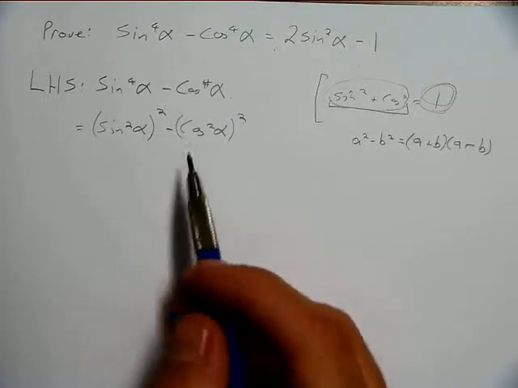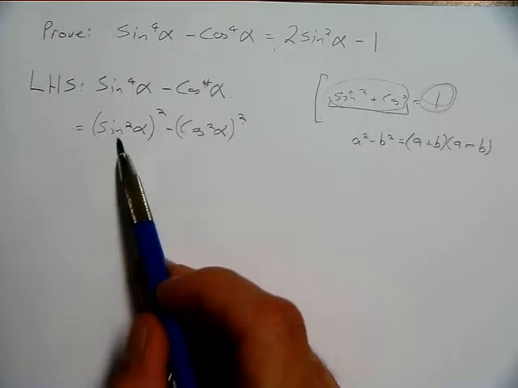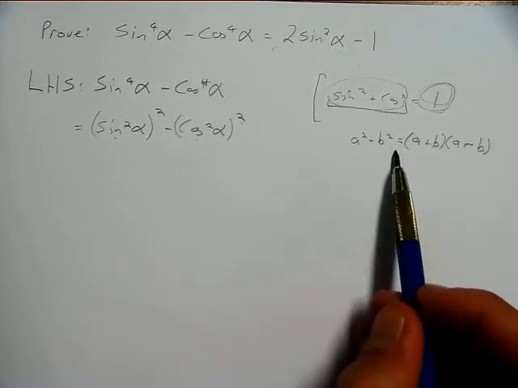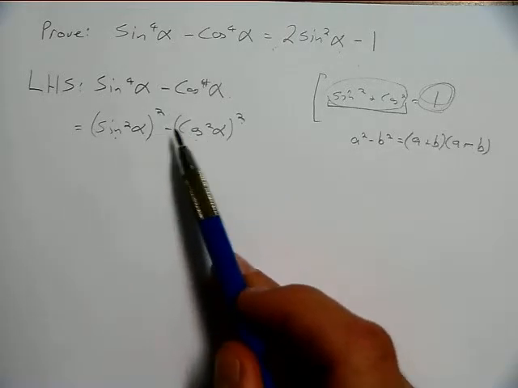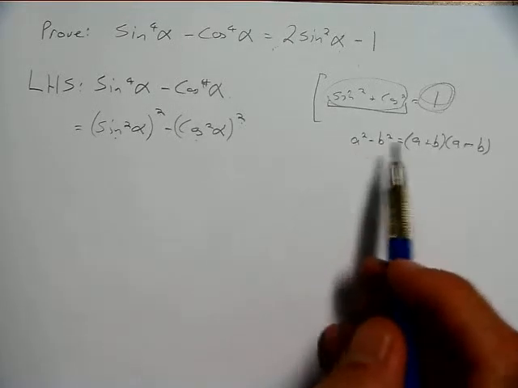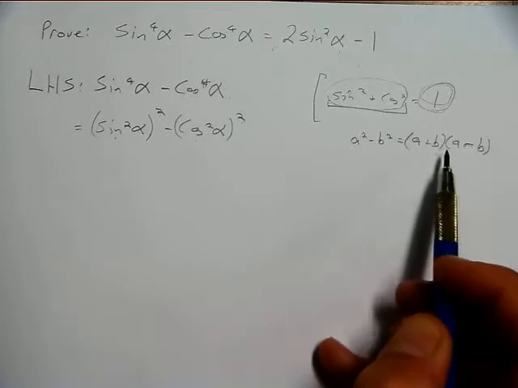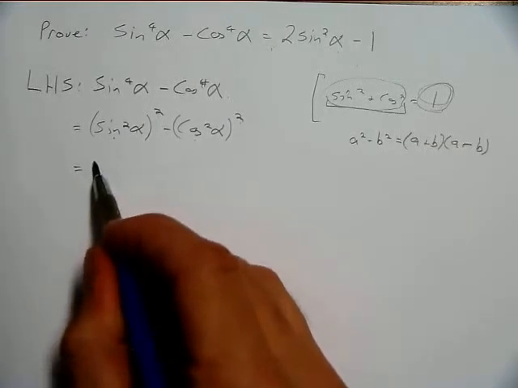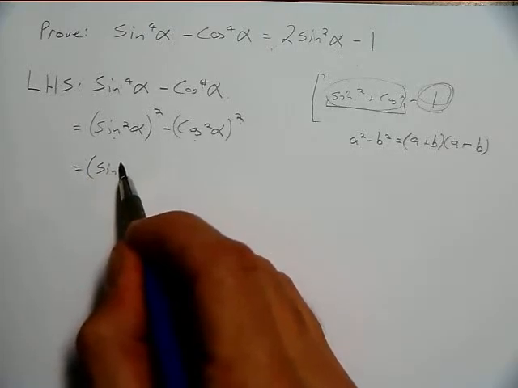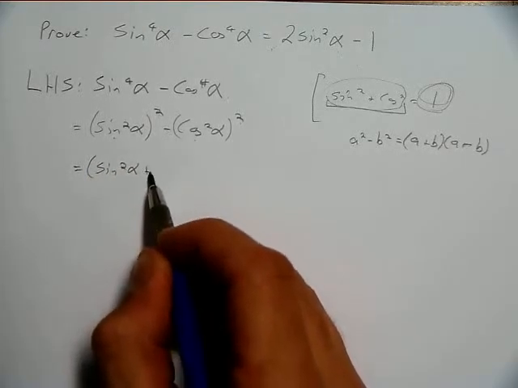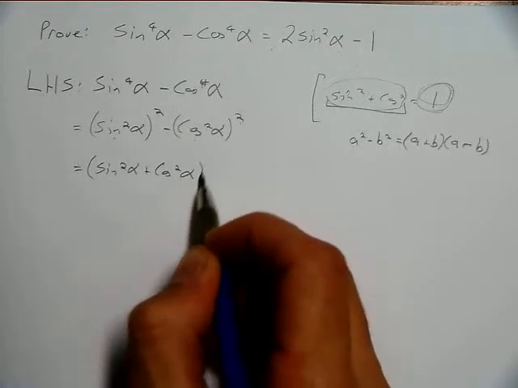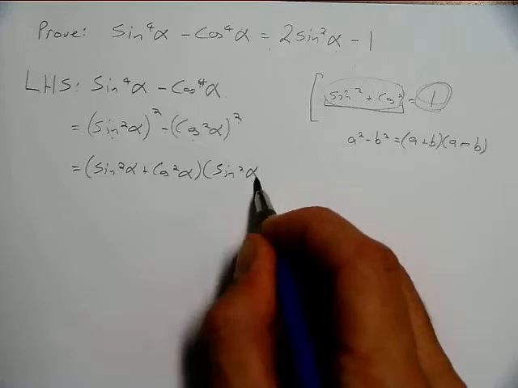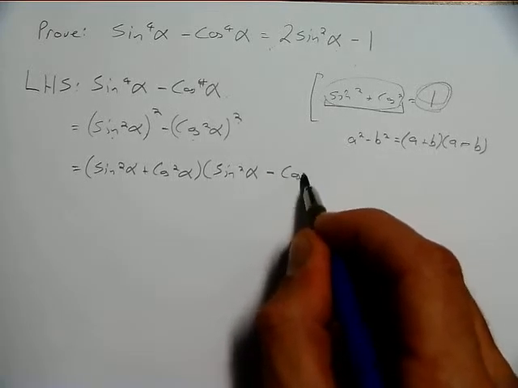So, in this case I've got something squared take something else squared, so I can use my expansion pattern here. I can go, well, that's something plus something multiplied by something take something. So this is sine squared plus cos squared alpha multiplied by sine squared alpha take cos squared alpha.